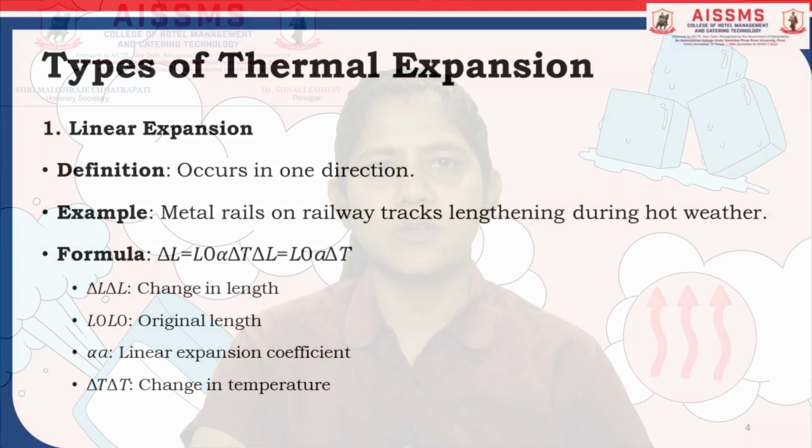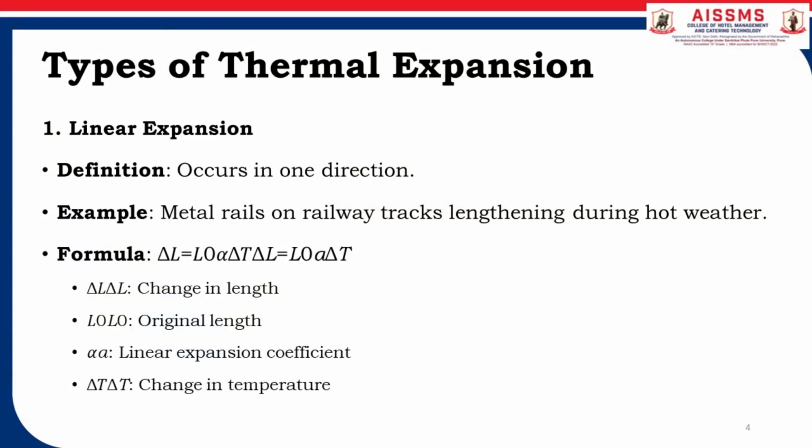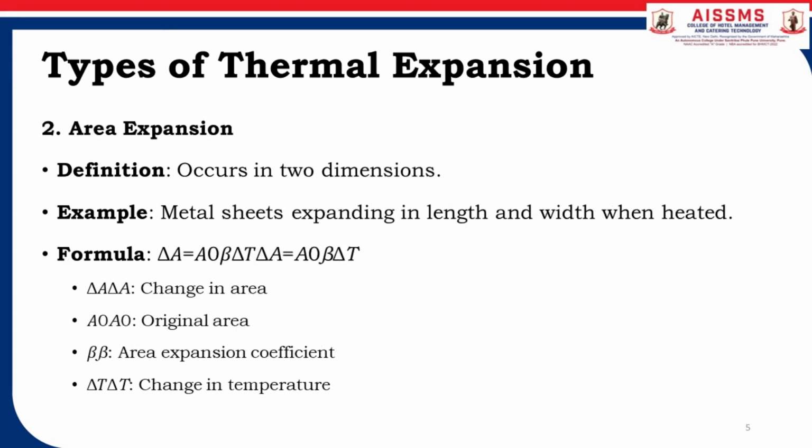This occurs when a material expands or contracts in one direction. A common example is the expansion of metal rails on railway tracks during hot weather, causing them to lengthen.